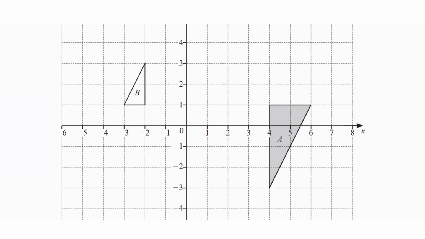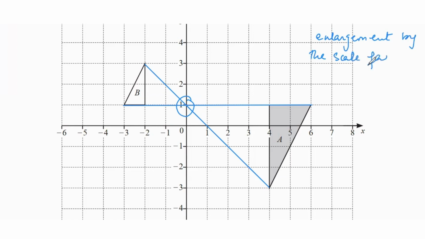And for the center of enlargement, we connect corresponding points to each other. And we can see that the center of enlargement is (0, 1). So it's an enlargement by the scale factor of -1/2, and center is (0, 1).